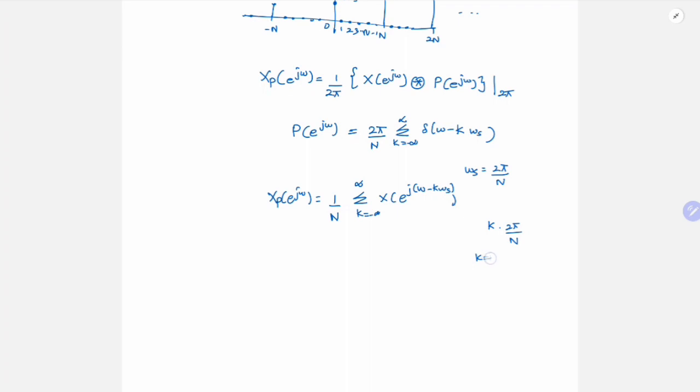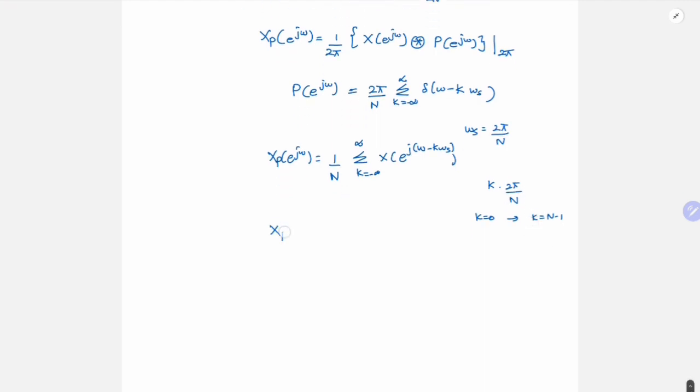So I'll get k equal to 0 to k equal to N minus 1. Because for k equal to N, it is again periodic with 2 pi. It becomes 2 pi. So I can write Xp of e power j omega is equal to 1 by N summation k equal to 0 to N minus 1 X of e power j into omega minus k omega s.